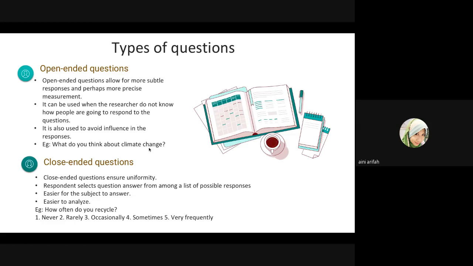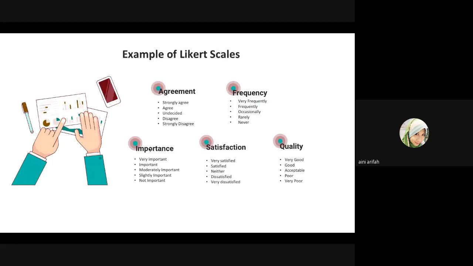So we have examples of answers for Likert scales, like agreement. If you want to ask about agreement, you can use strongly agree, agree, undecided, disagree, or strongly disagree. Or if you want to ask about the frequency of a certain behavior, you can use very frequently, occasionally, rarely, or never.